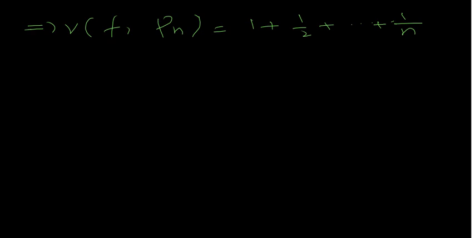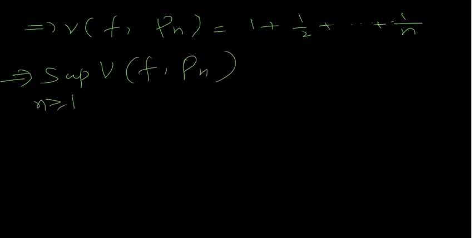So if you want to find the supremum, if you vary the values of n, the supremum of this set of finite sums is the infinite series. This implies the supremum of these variations, where the supremum is taken over n greater than or equal to 1, meaning P1, P2, P3, and so forth, is equal to the infinite series sum of 1 by n from 1 to infinity, which is infinity.